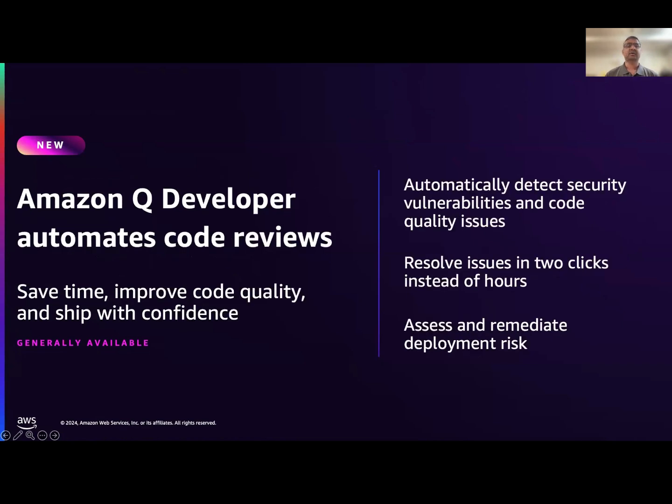That's it. The next I want to cover is Amazon Q Developer automated code reviews. With automatic code reviews, you can detect vulnerabilities, security issues, and quality issues, and it will list them by category, high, medium, and low. Then you can go through that list and make sure your vulnerabilities are mitigated and suggestions are provided.